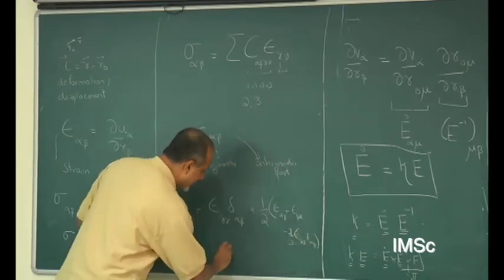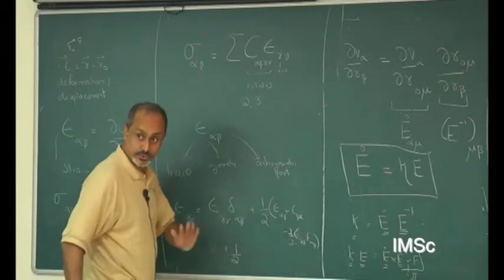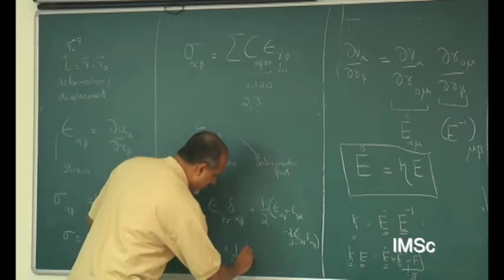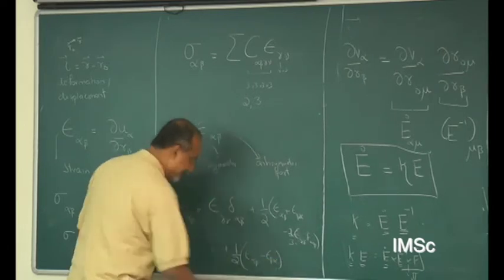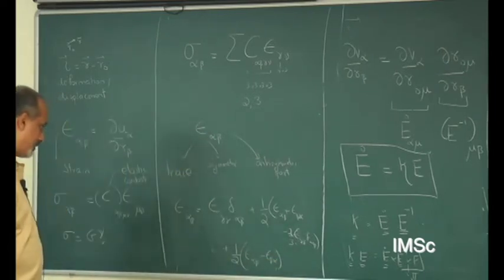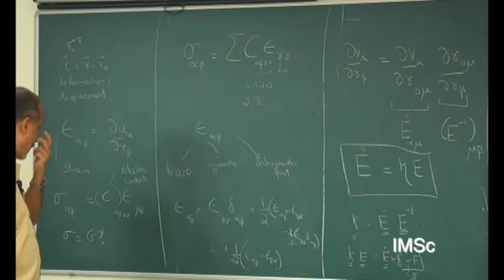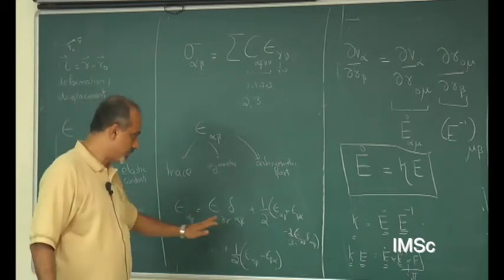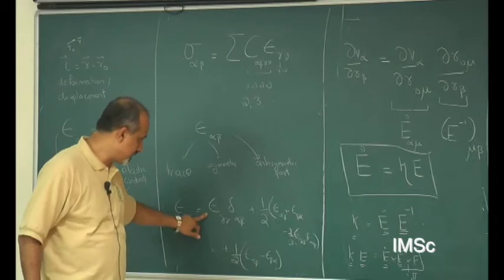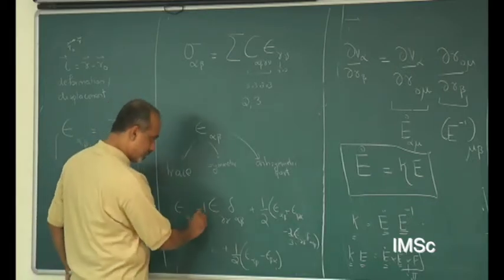Okay? Then let me write everything down and then I'll show you what it means. Then 1/2 epsilon alpha beta minus epsilon beta alpha. Okay? And let us now see how to understand this. Notice now that all of these terms, I think I should have a 1/3 there, I think.